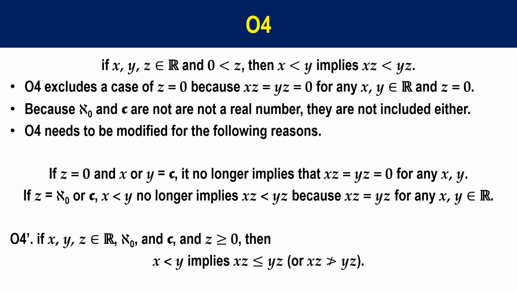Thus, we need to have axiom O4 prime such that if x, y, z are elements in R or Aleph null and C, and z is larger than or equal to 0, then x smaller than y implies xz is smaller than or equal to yz, or xz is not larger than yz.